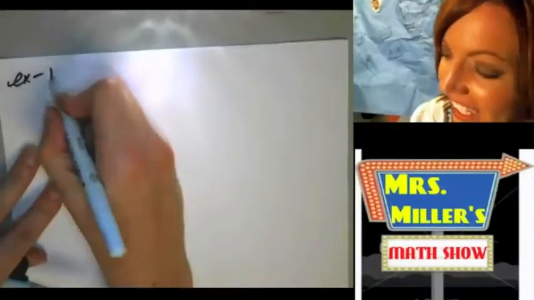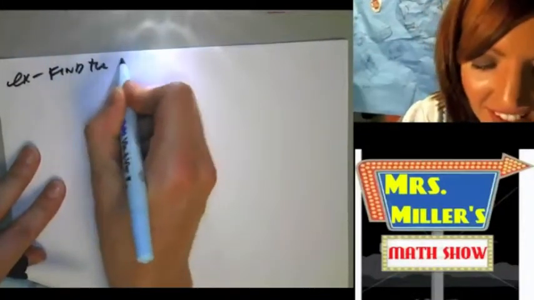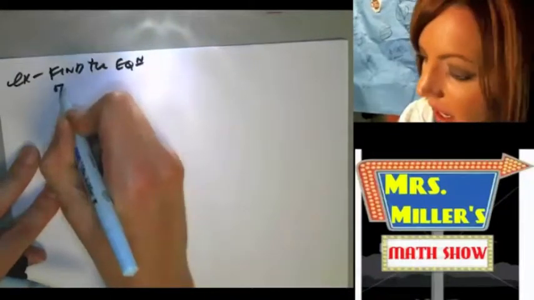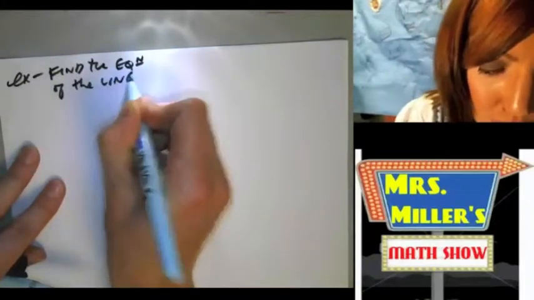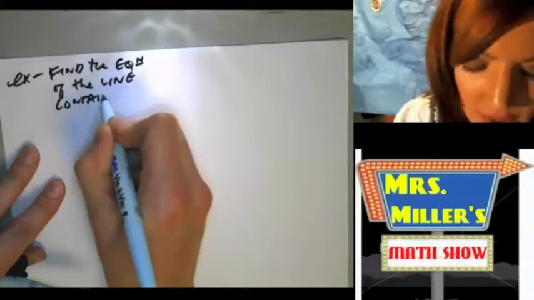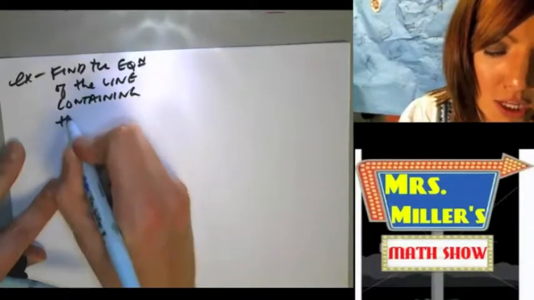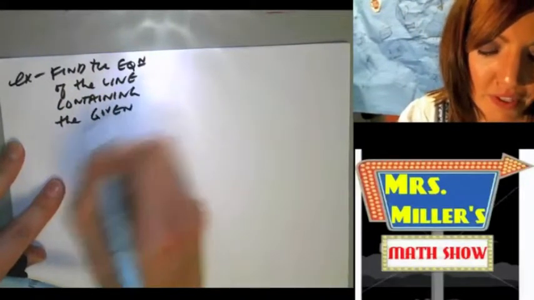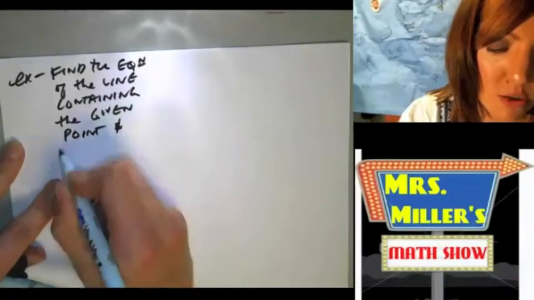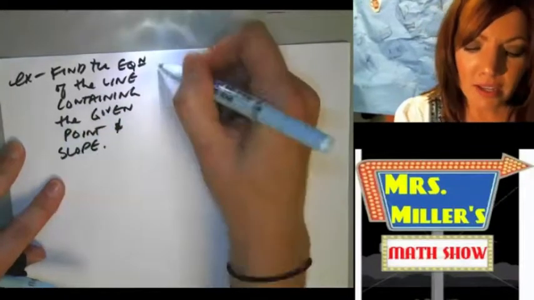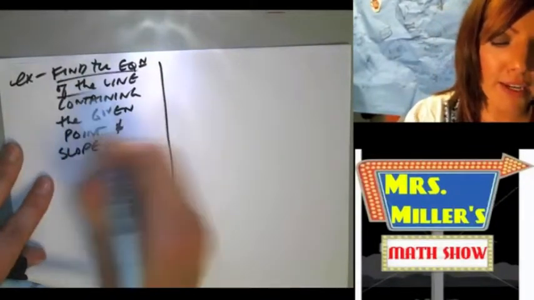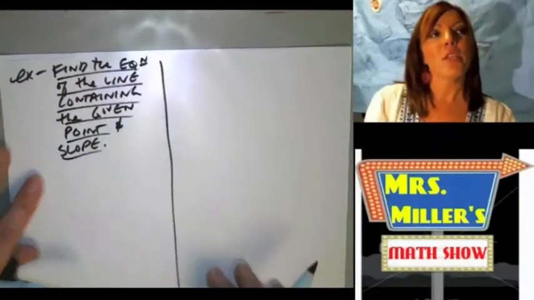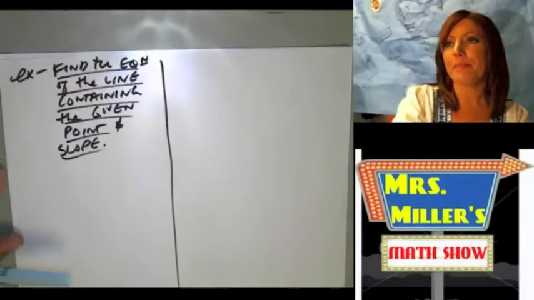So find the equation of the line containing the given point and slope. Point and slope. This chapter, I'm actually curious to get everybody's reactions. So this is a really long chapter.